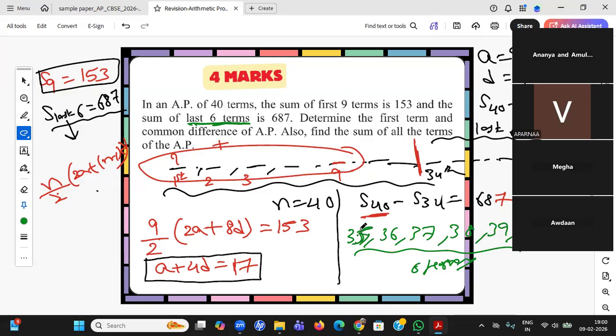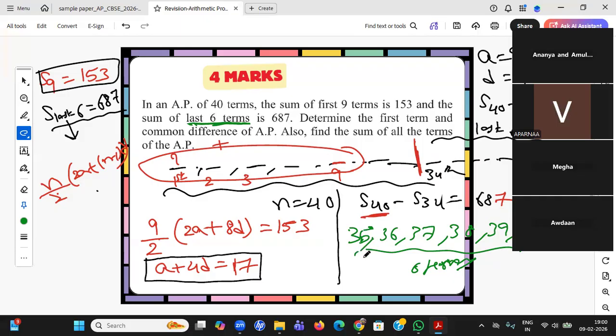Understood, Harshini? If you ask me what the last 6 terms are, I would say 35, 36, 37, 38, 39, 40. But to get those 6 terms, where will I subtract? I will only subtract up to 34.